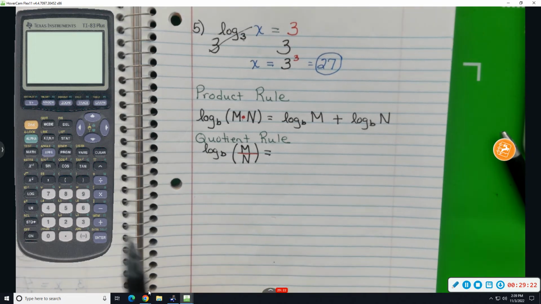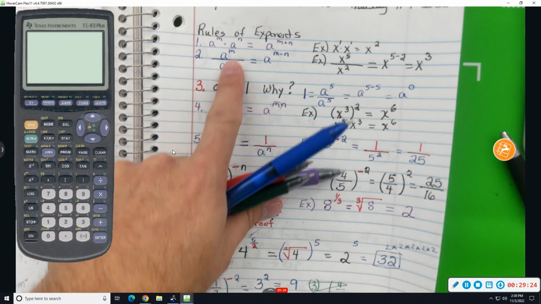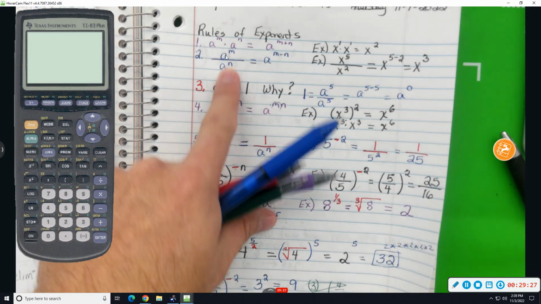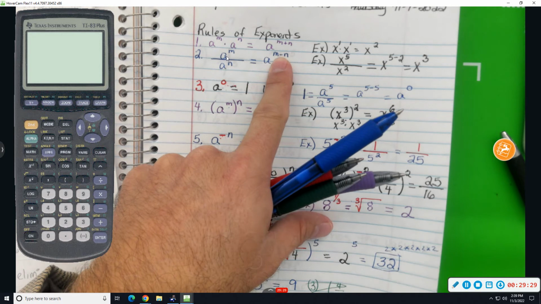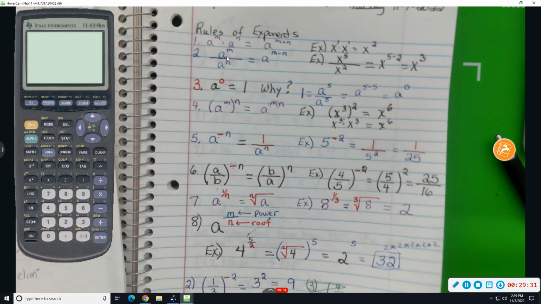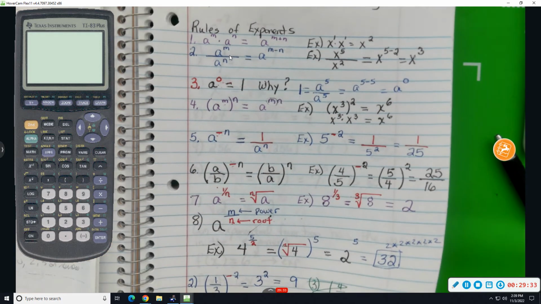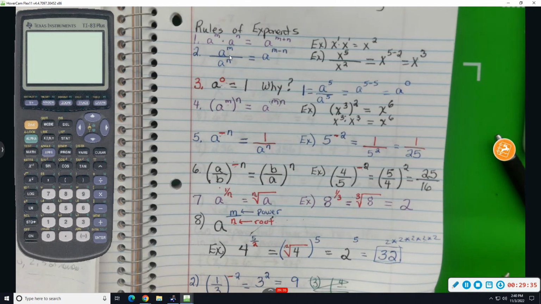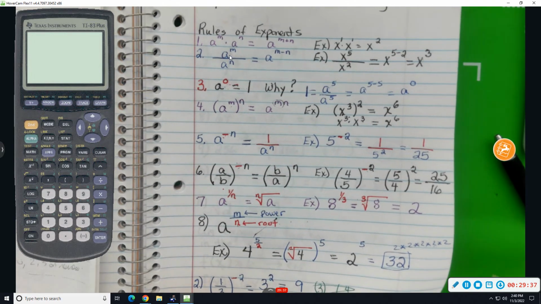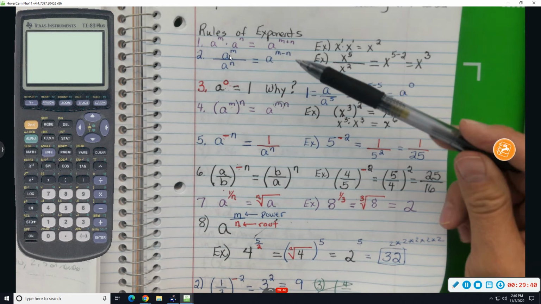Yes. Look back at that. The second rule here, when we're dividing like bases, you subtract the exponents. Notice that strange symmetry between the rules of exponents and the rules of logarithms. And that's because logarithms are just fancy ways of expressing exponents.